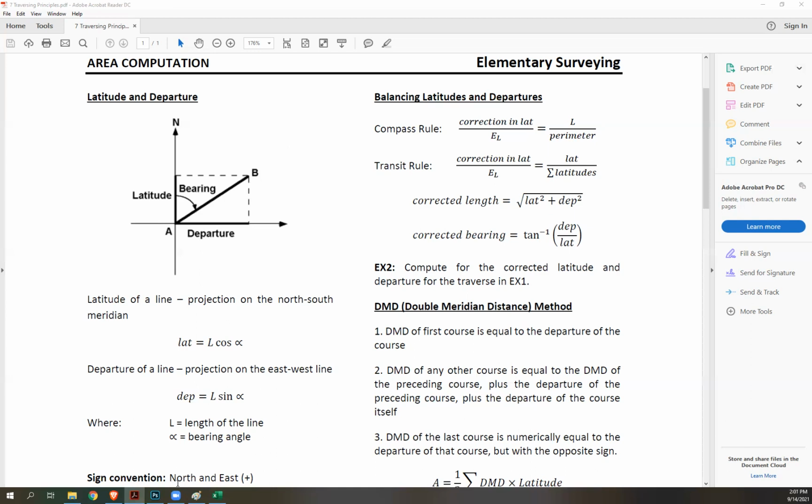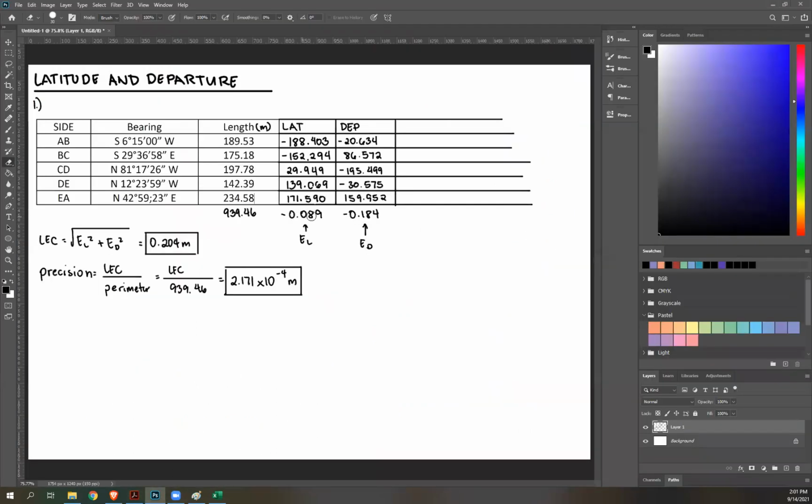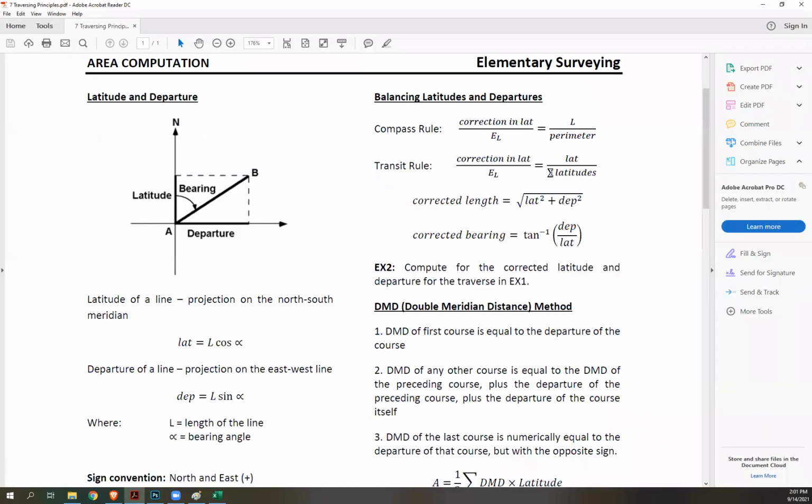Because if you don't, what you'll get is the error. And that's not the summation of latitude that we'll use for this equation. So you're going to disregard the sign. So just summation of the values. Only here on summation of latitude and then its corresponding summation of departure.